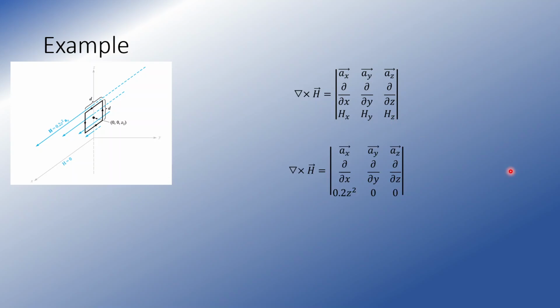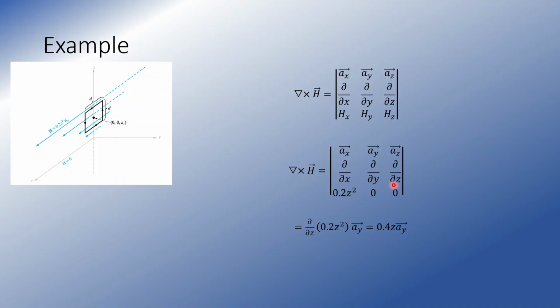Let us expand this determinant. In the ax direction it will be 0. In the ay direction it will be dou by dou x of 0, which is 0, minus dou by dou z of 0.2 z square.